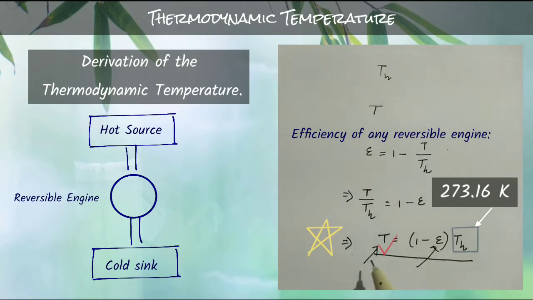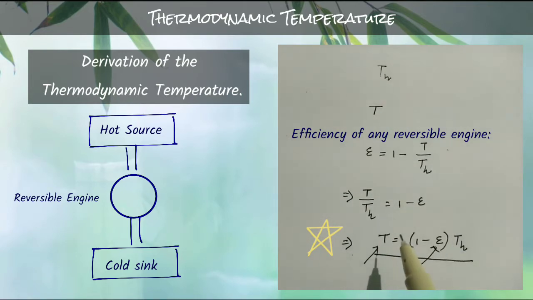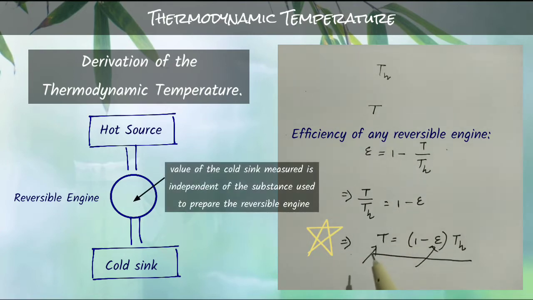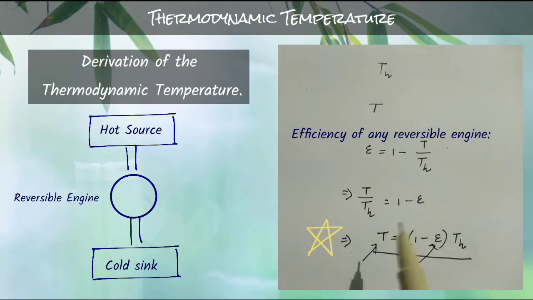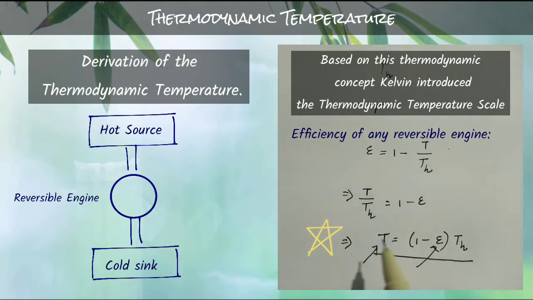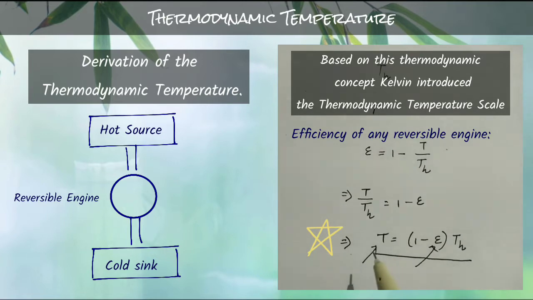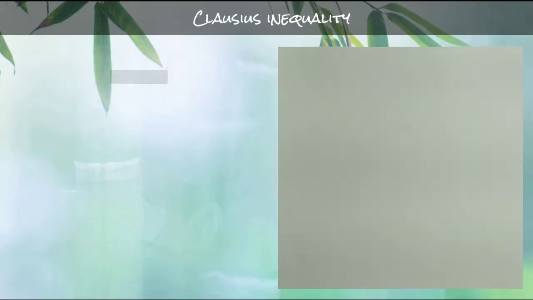He calculated the value for the cold sink for different engines with different substances, but interestingly he observed that the result is independent of the substance of the engine. So he created a temperature scale based on thermodynamic efficiency, and thus this scale is known as the thermodynamic temperature scale.